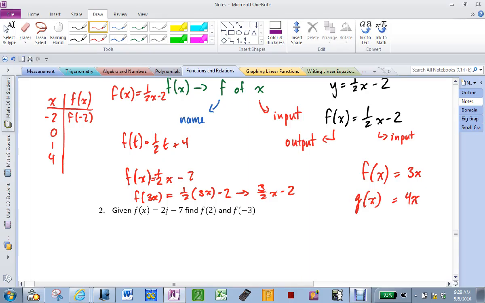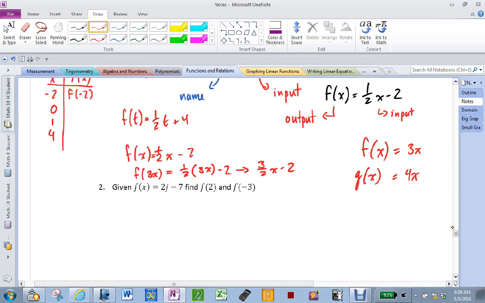Okay. So, let's look at this next question. Now look at it. It looks extraordinarily strange, doesn't it? What's weird about it? The variable is j. So, can I even do this?